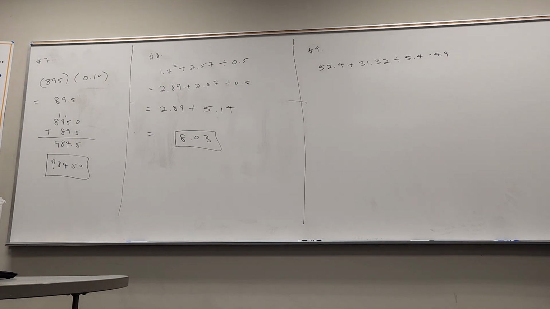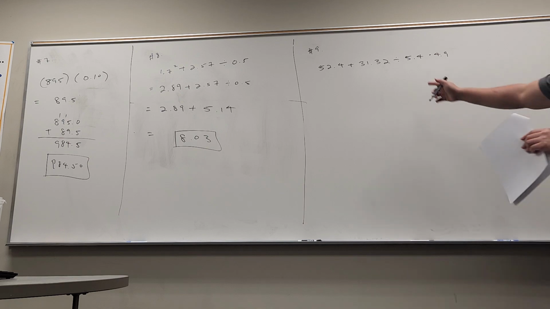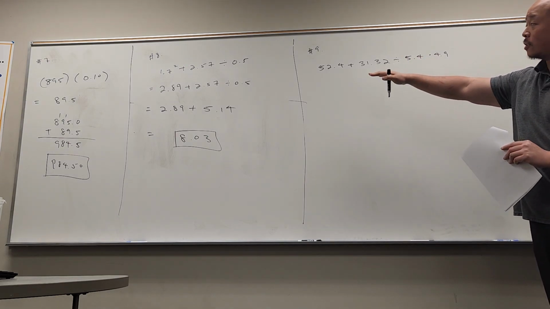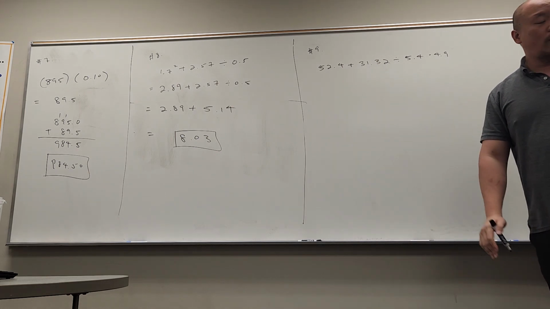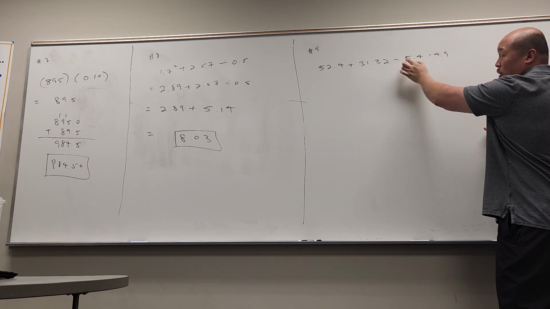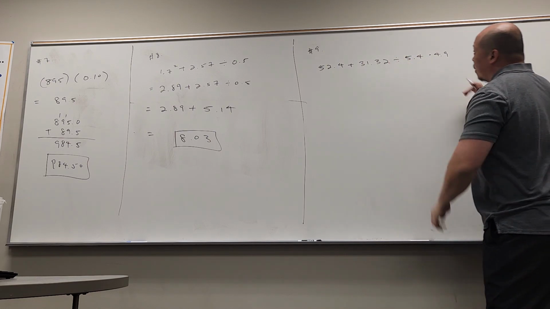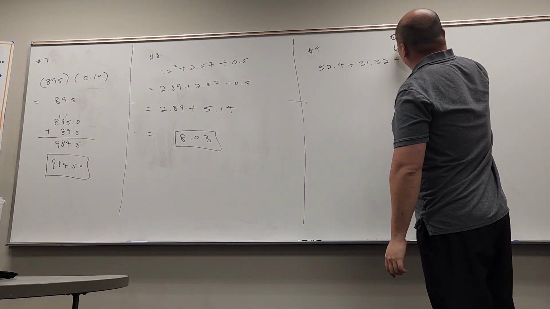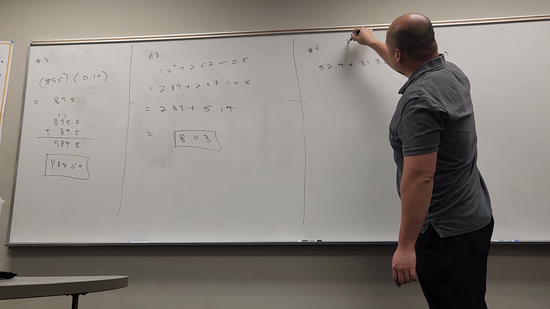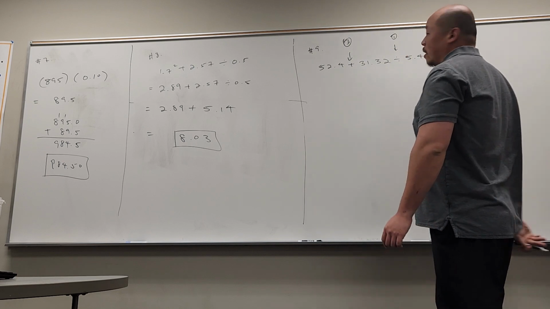It's 5.4 times 4.9. Now looking at this, just remember, division and multiplication come first before addition. But remember, division and multiplication are on the same level, right? So you gotta do this one first. So do the division first, then you do the multiplication, and then you do the addition. So they're in those orders.